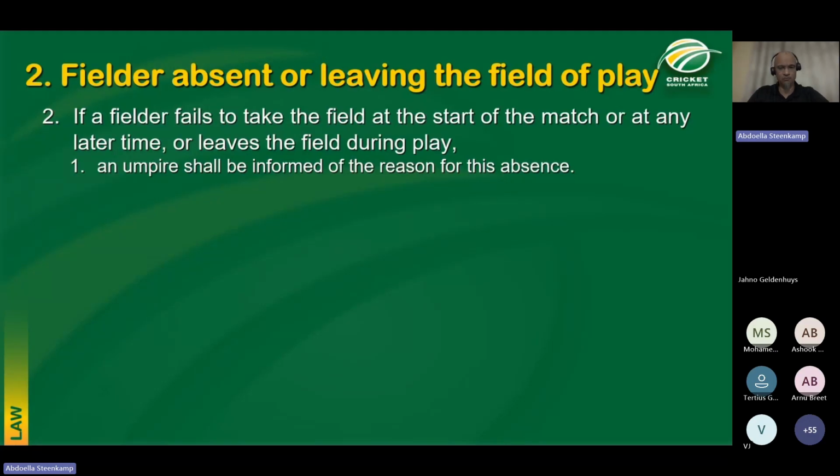You write down the fielder's name. Let's use Cindy as an example. So I'll write down Cindy. And then, importantly, you need to write down the time that Cindy left, and the reason why Cindy left. So in your notebook, you just write Cindy, hamstring, time left the field. I'll just use an example, 10:30. So that's what you need to write down.